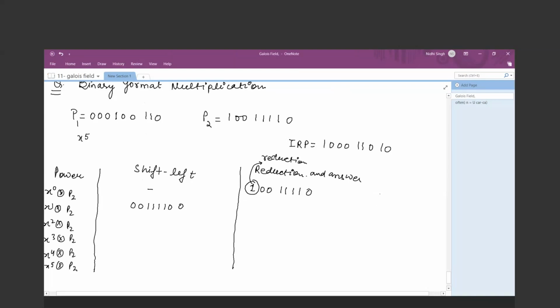Reduction perform करने के लिए what is my irreducible polynomial? My irreducible polynomial is 1 0 0 0 1 1 0 1 0. Okay. Now how many terms are there? 1 2 3 4 5 6 7 8 9. यहाँ पे मैं शिफ्ट लेफ्ट कर रही हूँ. कितने टर्म बचे? 1 2 3 4 5 6 7 8.